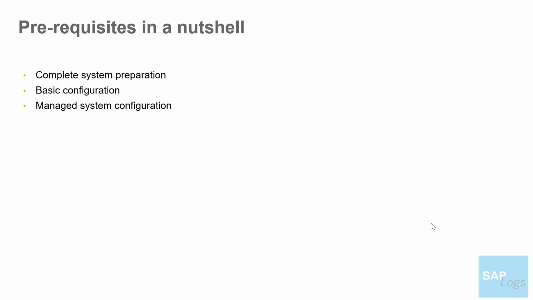Then you'll have to go through some manual steps in Maintenance Planner to make sure that the technical information about your managed systems is properly set up. Otherwise, when you're creating the XML file, you will face some issues if those technical systems are not properly defined in Maintenance Planner.